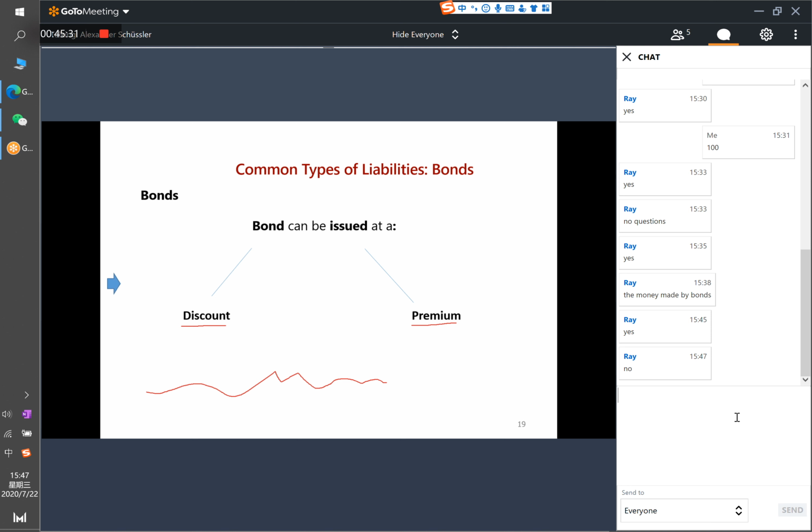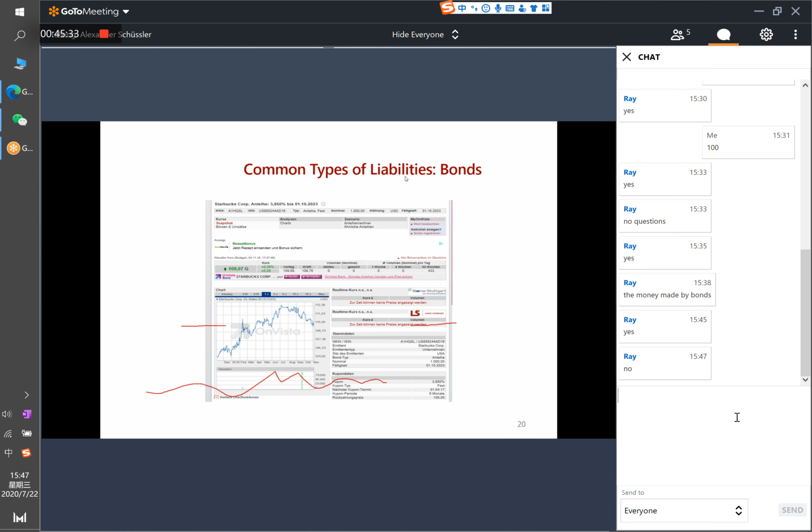Here you see a bond. This is the chart of a bond, and this bond is a bond issued by Starbucks. It's a Starbucks bond. Here you have the coupon. Do you see the coupon here? So the coupon is 3.85. The bond moves.